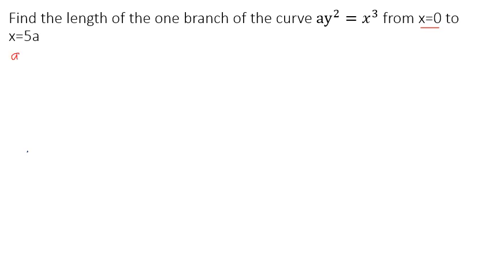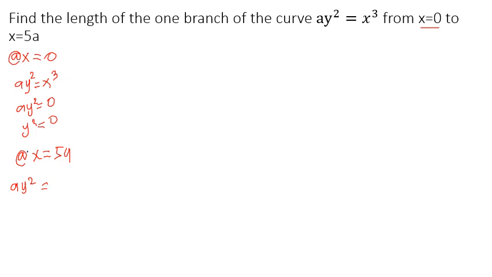So at x equals 0, you have ay is equal to x cubed, ay is equal to 0, then y is equal to 0. Then at x equals 5a, you have ay squared is equal to 5a quantity cubed.